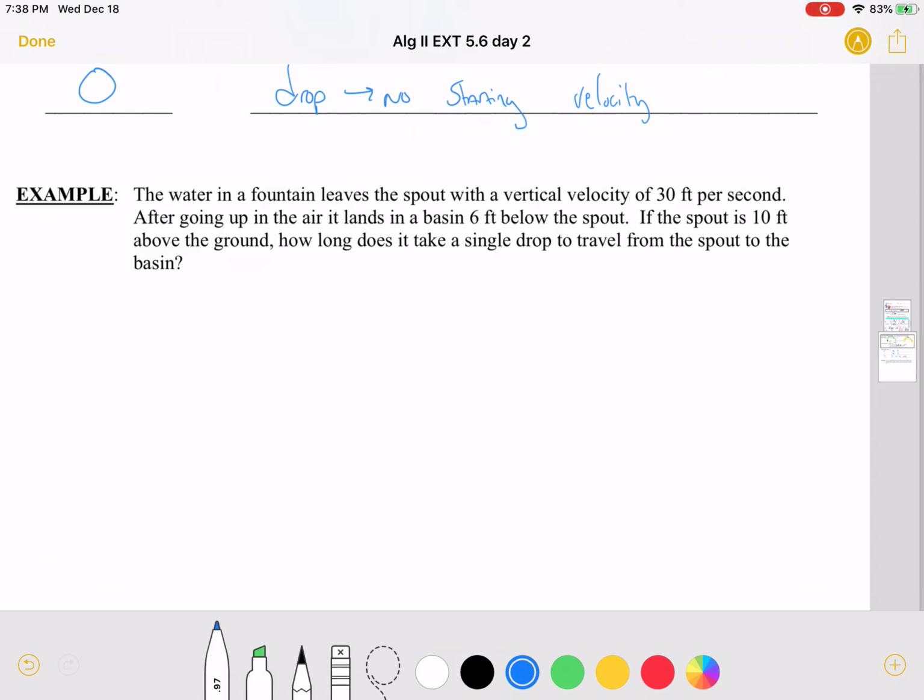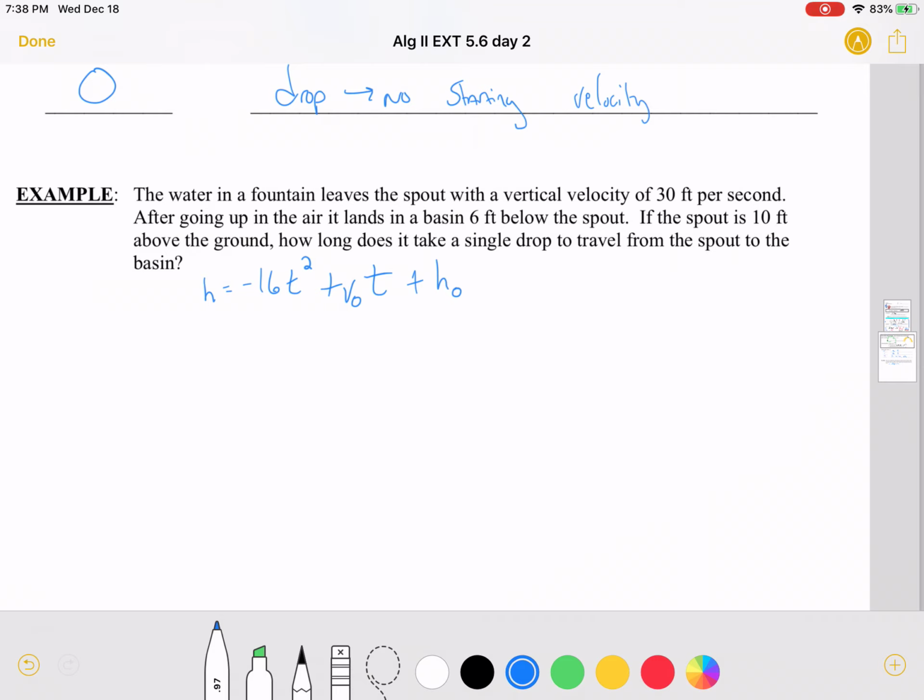Well, if it's being shot out of a fountain, it's going to be launched out. So our equation is H equals negative 16 t squared plus our initial velocity times t plus our starting height.